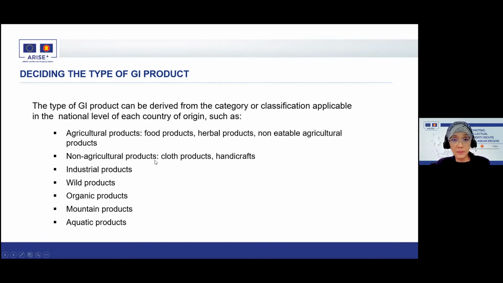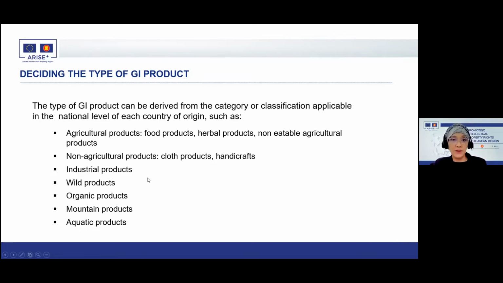Non-agricultural products, many are originated from ASEAN member countries, especially clothes products or handicrafts. Industrial products could be. Wild products. This is a new classification discussed at the multilateral level, in seminars and international conferences, about whether wild products can be protected under GI.